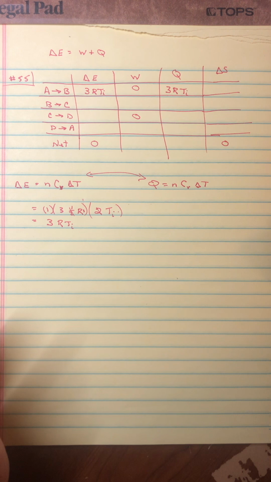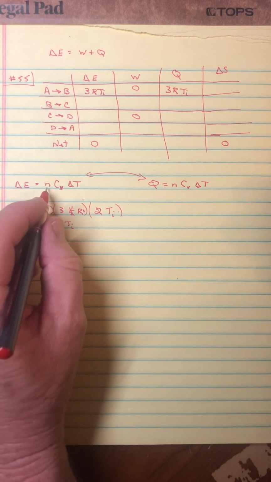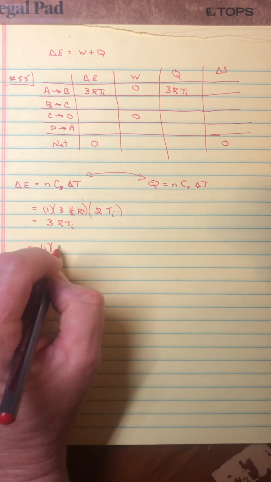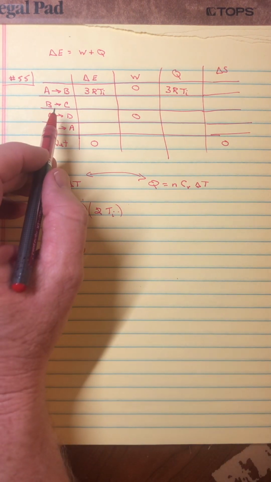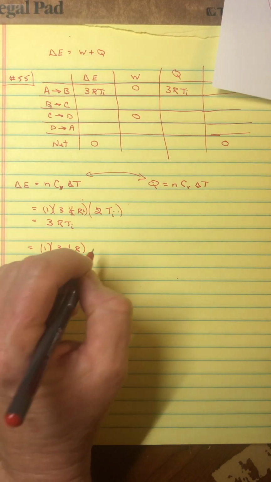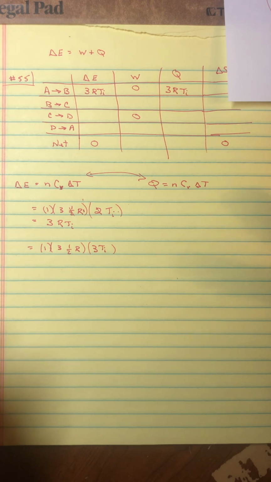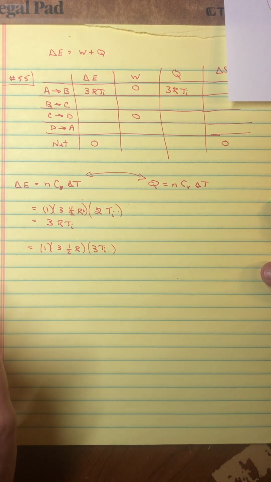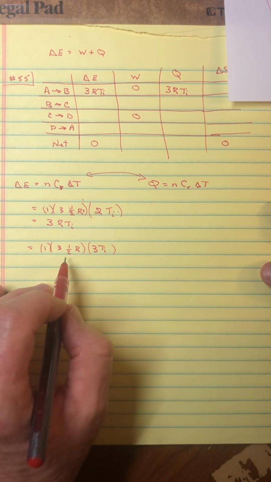Maybe I will do the B to C next. And so I'll apply this to the B to C. So this is 1 mole, 3/2 R. And coming to my chart, C minus B is 3T initial. Actually, now that I'm doing this one, I think of the workshop I was helping you guys with this one.